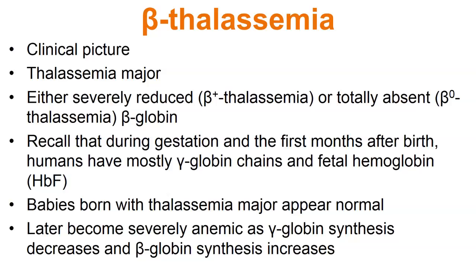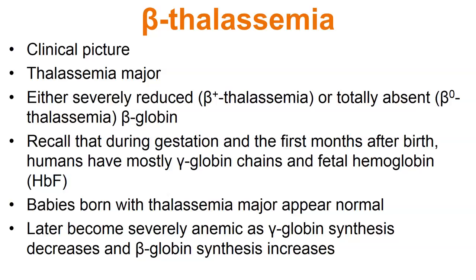And at first after they're born, they're going to be completely normal as well. But once the fetal hemoglobin, or gamma globin gene, starts to be shut off, and the beta globin gene starts to be turned on, that's when the symptoms are going to start to manifest.